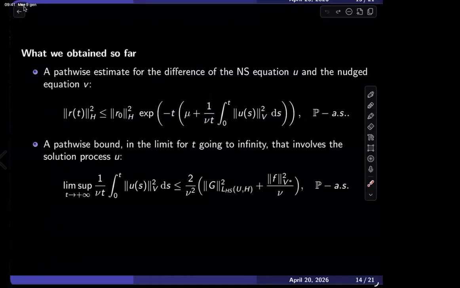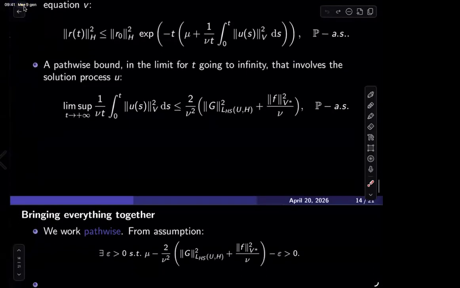At the same time, you prove a bound when time goes to infinity for the term that appears here. This bound, as I said before, depends exactly on the forcing terms that you have in your equation, and also this estimate is almost sure. The idea now is to put together these two estimates.